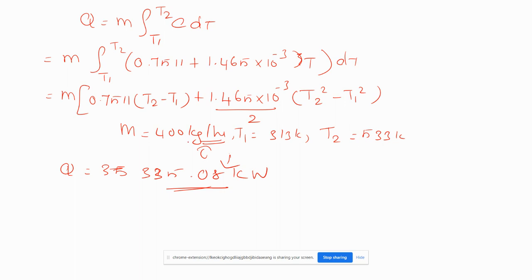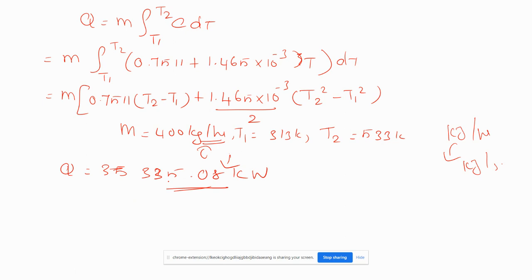Remember, M is in kg per hour, so whatever answer you are getting will be in kilojoules per hour. Convert this into kilojoules per second, that one thing you have to do. So Q is equal to 335.08 kilowatt, and this will be the final answer.